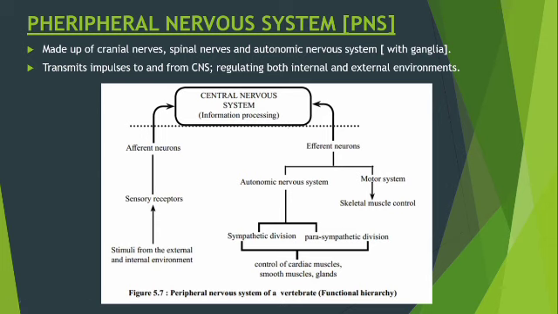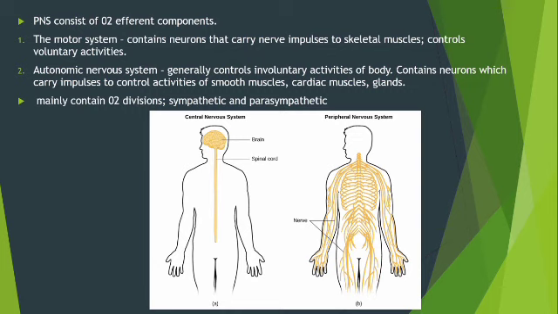The peripheral nervous system consists of two efferent components. They are the motor system and the autonomic nervous system. The motor system contains neurons that carry nerve impulses to skeletal muscles and controls voluntary activities.